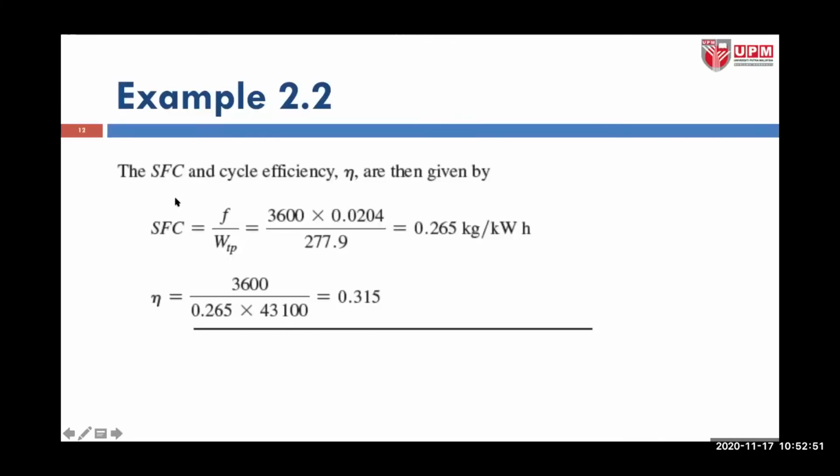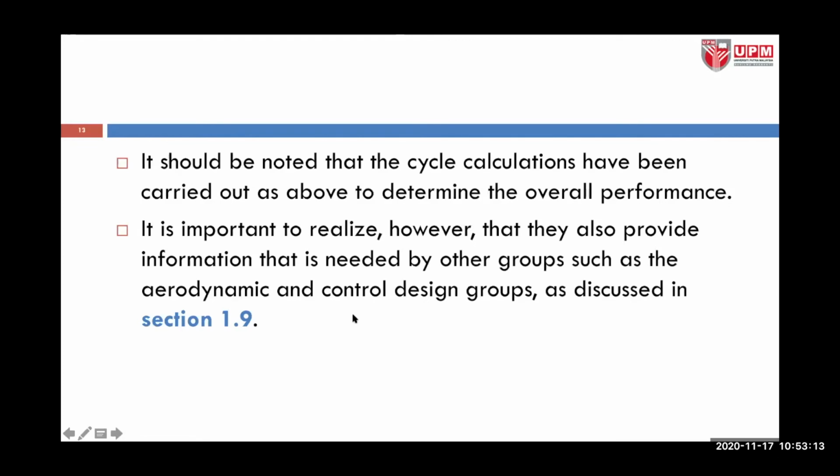And then you calculate the specific fuel consumption and the cycle efficiency using the same equation, which results in the SFC of 0.265 kilogram per kilowatt hour, and the efficiency for the cycle with the power turbine to be 0.315, right?